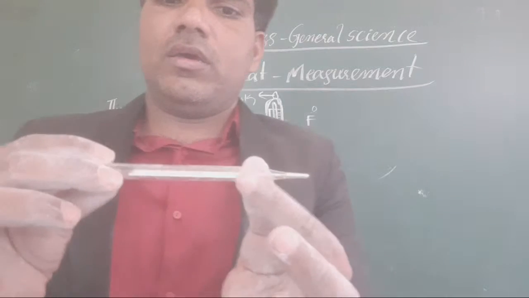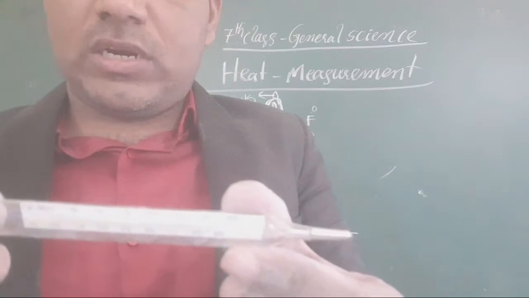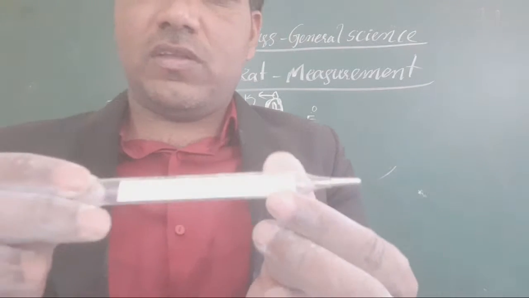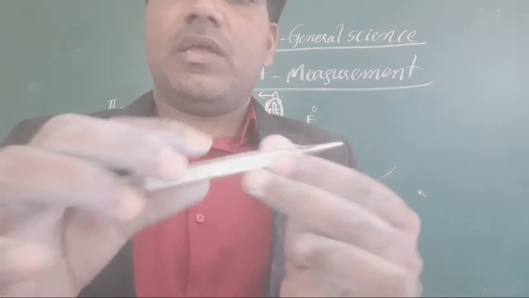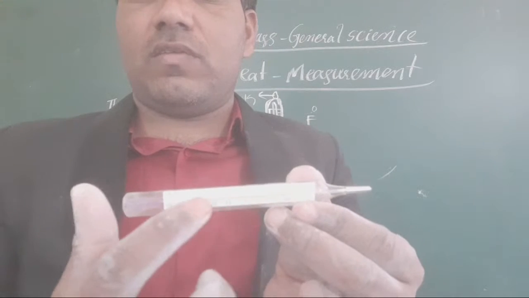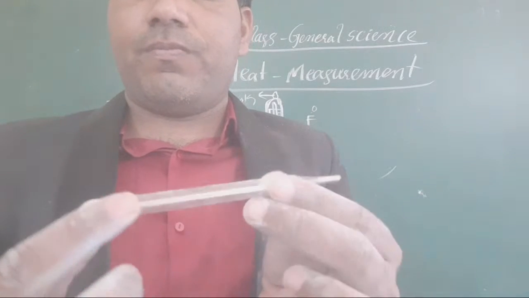And here there is a scale on this. This is the scale we have here. In the middle there is one more thing, that is the capillary tube.